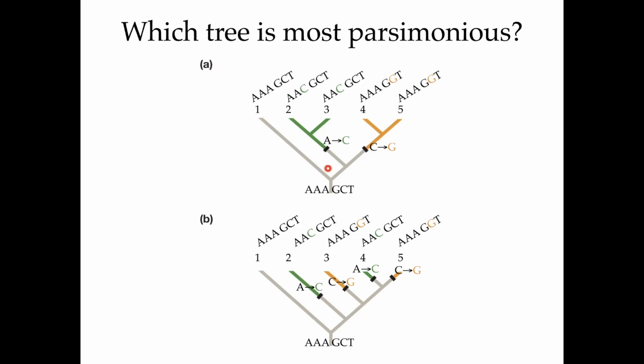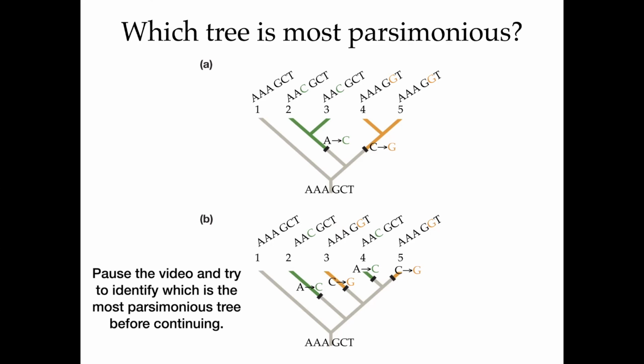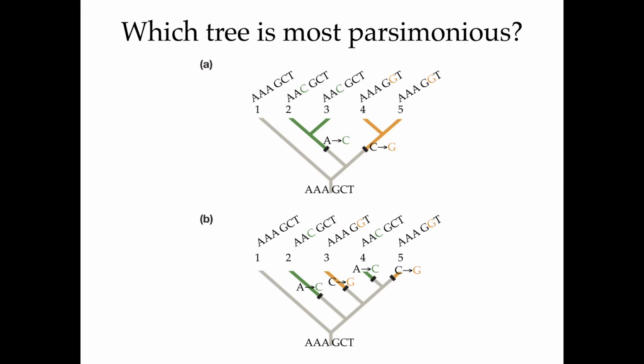So when we have these two possibilities, which of those 3 are we going to say is most parsimonious? A, right? Because we only have 2 changes occurring here to explain how they are related.